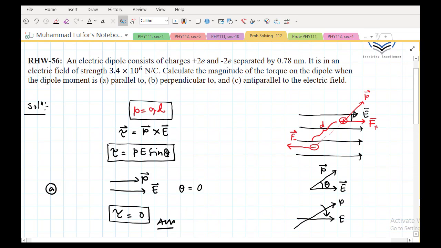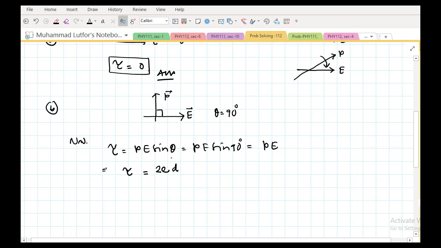They say that they are separated by a distance of 0.78 nanometer, and the electric field strength is 3.4 into 10 to the power 6 Newton per Coulomb. If we plug in those values, we can calculate the magnitude of torque.